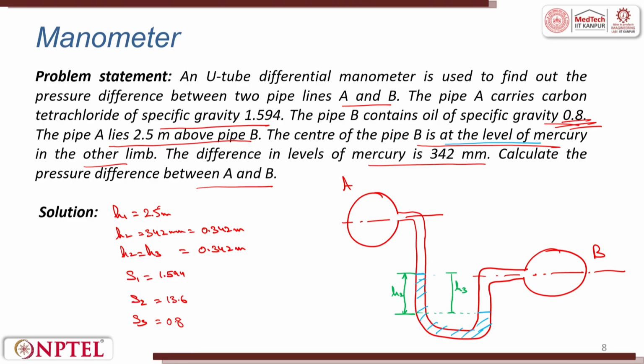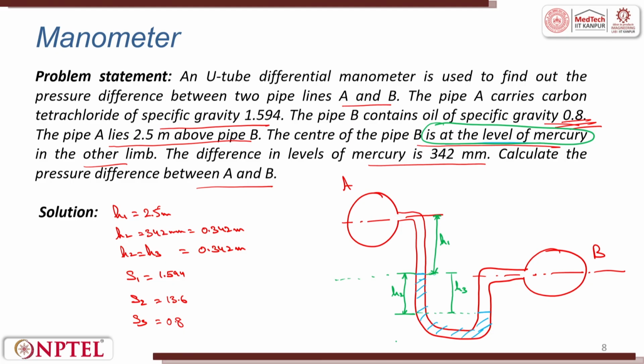This is very important line written here. The center of the pipe B is at the level of mercury in the other limb. So that is why H2 and H3 are equal, and from H2 this level we have H1 that I can write here. H1 is here from the mercury to the pipe A. This is H1.